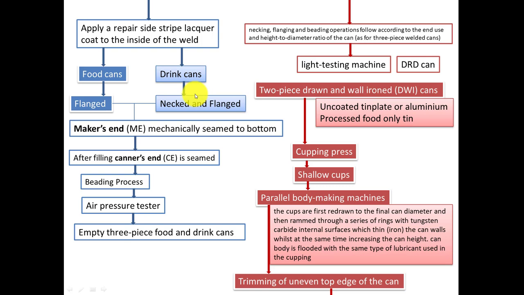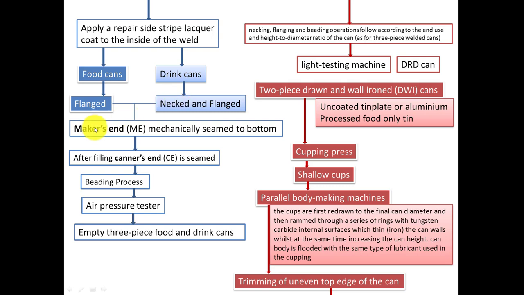You might have seen in many drink cans that the main body is a bit wider, but the top and the bottom are narrower. From both sides the diameter is reduced and then it is flanged. The purpose of necking is to reduce the diameter, and the reduced diameter helps in cost saving because the lid that we apply will be smaller. Second, it helps in proper stacking.